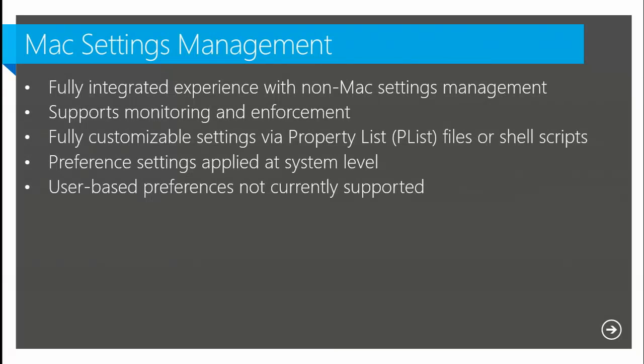And so we provide support for being able to query and update any property that's stored in a plist file. The other option is via script. So execution in the Mac shell scripting, we can query for as well as configure settings through script. And I'll show you one of each of those.